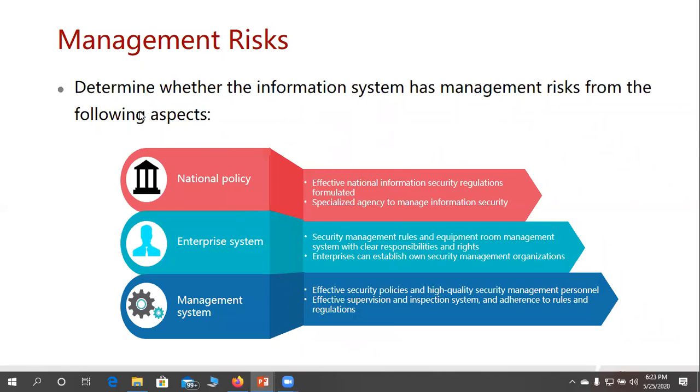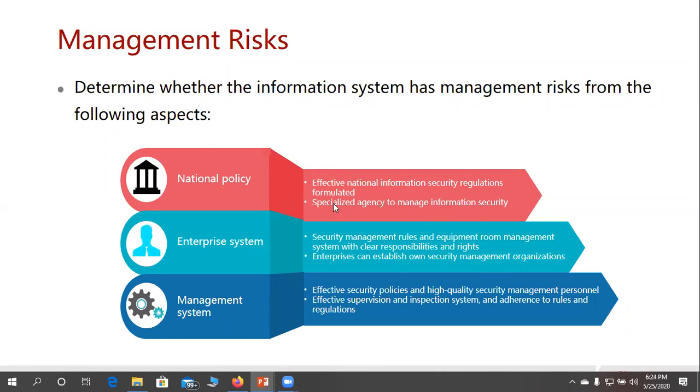Management risks. Determine whether the information system has management risks from the following aspects. So we have to use the national policy. In the national policy, this is where regulators come up with regulations on how organizations must manage information security.